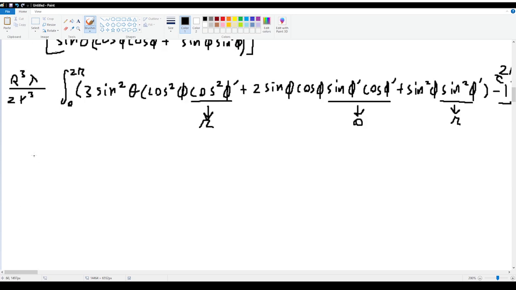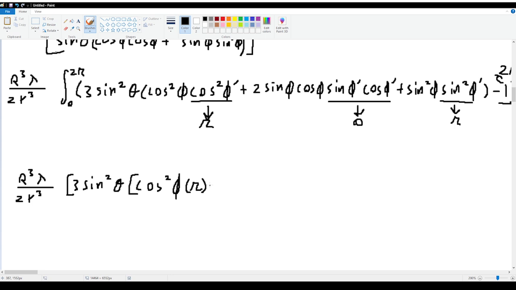So with that, we can now write this again in a much more, hopefully neat fashion, because we'll have this in front, and then we'll have cosine phi times the pi we got plus 0 plus sine squared phi, the pi we got, and then minus 2 pi.